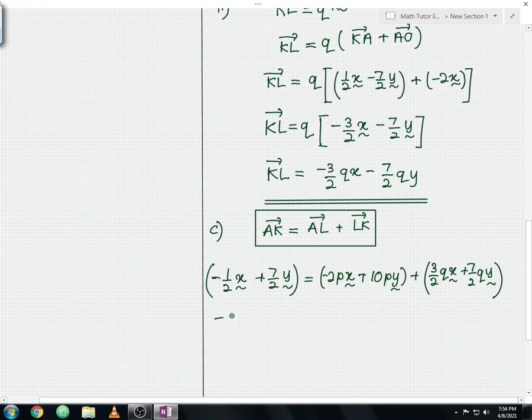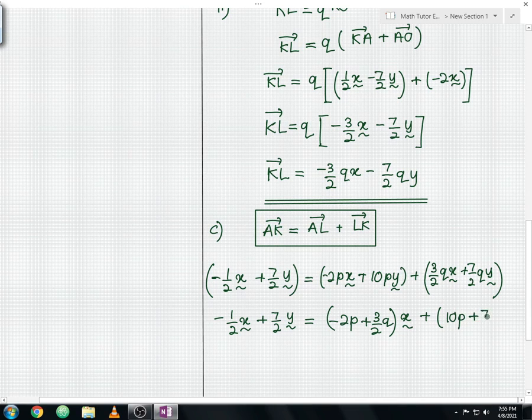So it will be negative half x plus 7 over 2 y, and then it is equal to negative 2p plus 3 over 2 q, in a bracket component x, and then plus 10p plus 7 over 2 q in a bracket component y.